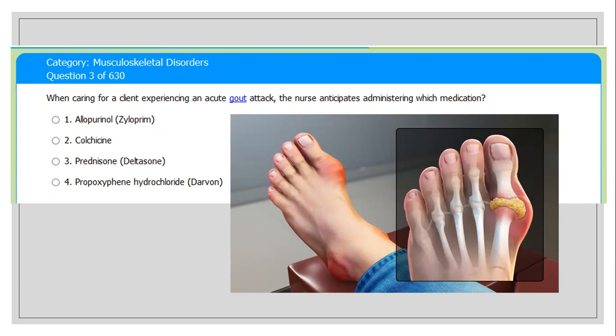We call it acute gout or acute exacerbation of chronic gout. So allopurinol or colchicine for the gout, but which one you choose depends upon whether it is an acute or chronic condition. If it is an acute condition, we always prefer colchicine. If it is a chronic condition, we prefer allopurinol.